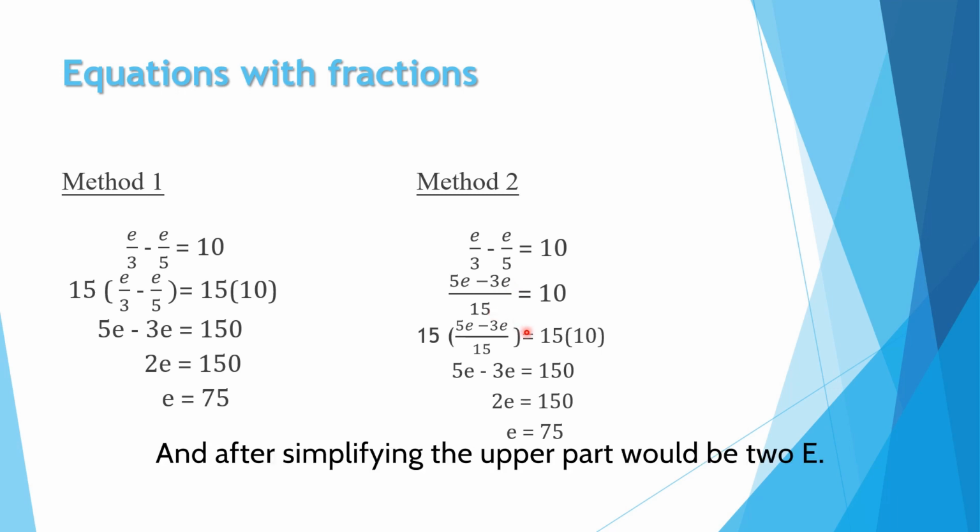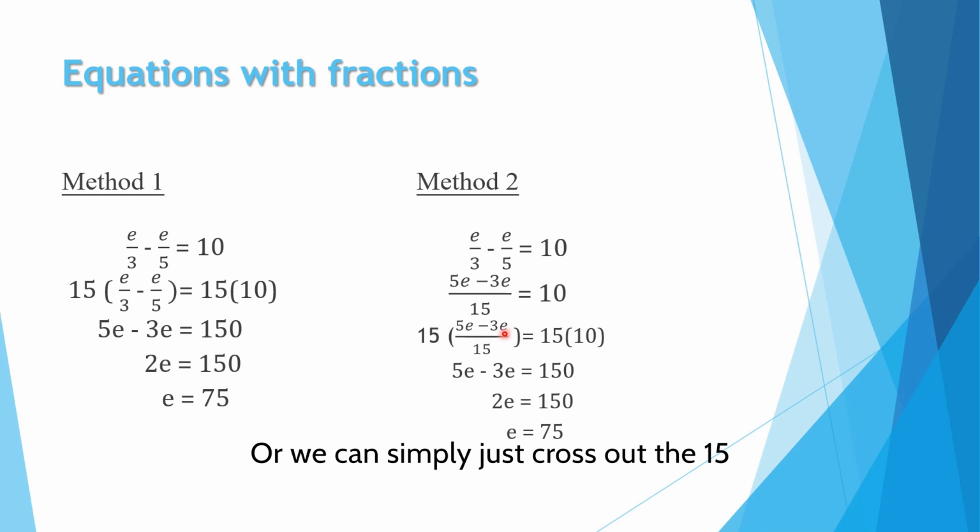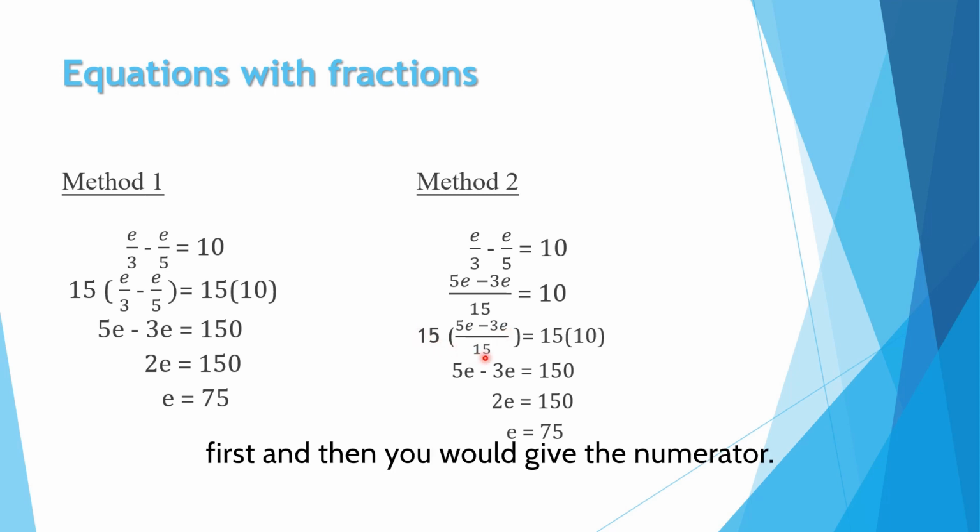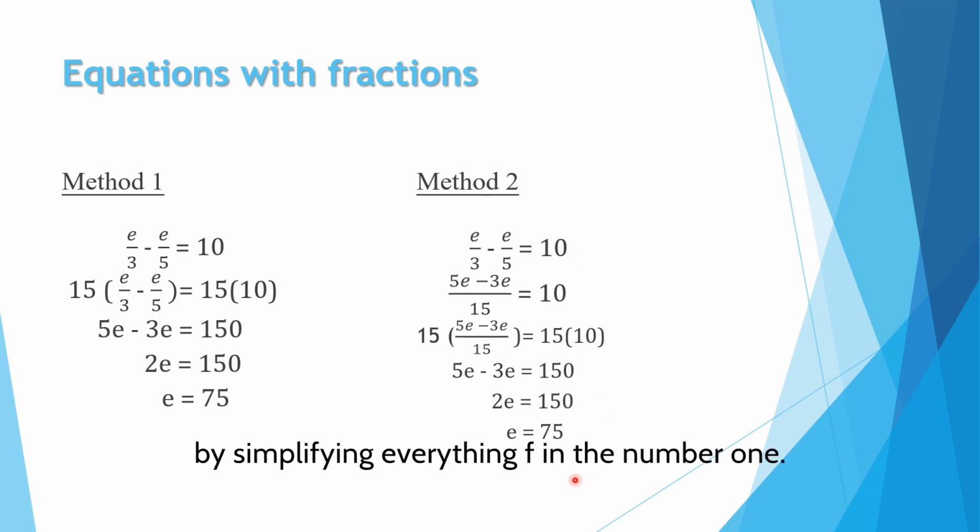And after simplifying, the upper part would be 2e, or we can simply cross out the 15 first, and then it would give the numerator. And finally, you get the same answer by simplifying everything as in method 1.